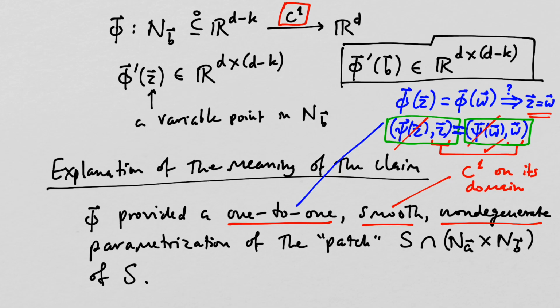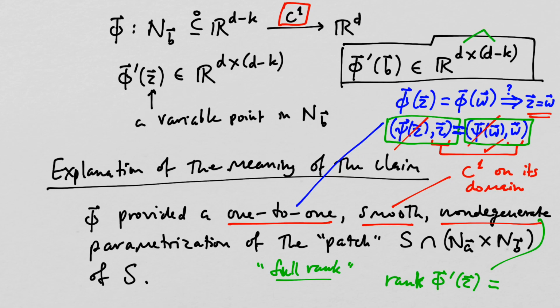It's a smooth function. And then what we mean by non-degenerate is that its derivative at any point z in the domain has full rank. Okay. Now let's ask ourselves, what does full rank mean in this case? What is the maximum possible rank? So we know the size. It's d by d minus k.